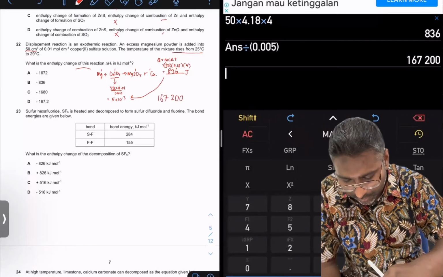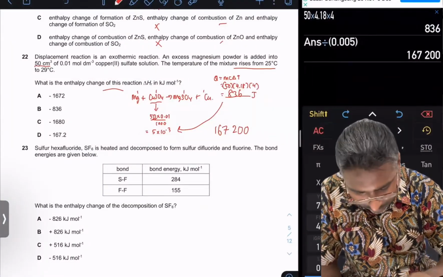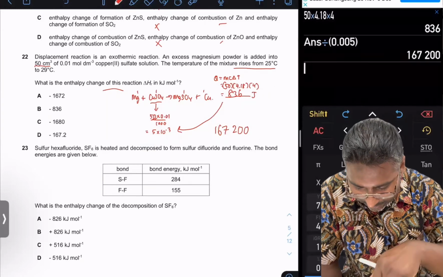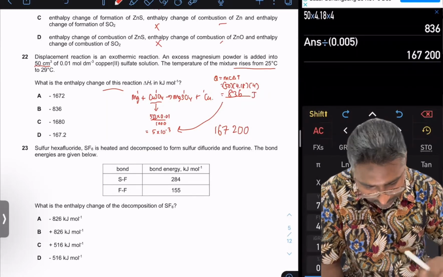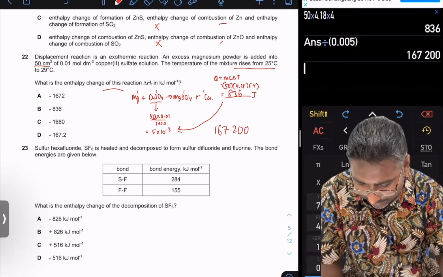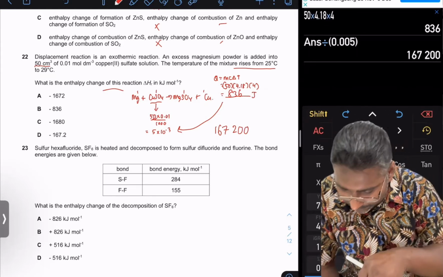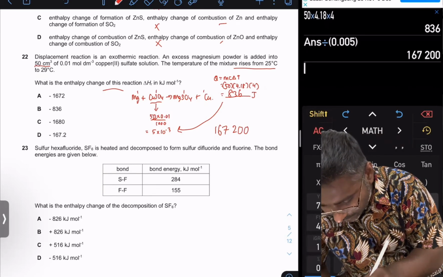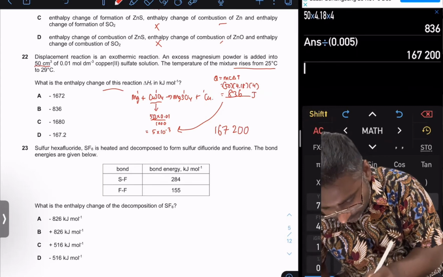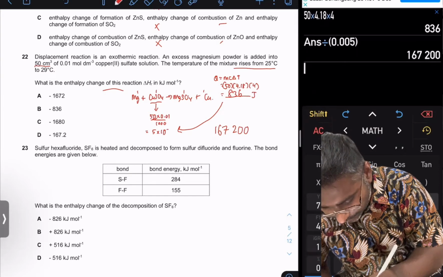Just double check. 50 times 4.18 times 4, 836. Then you divide by 0.0005. Sorry, there is a mistake here, it's 10 negative 4.